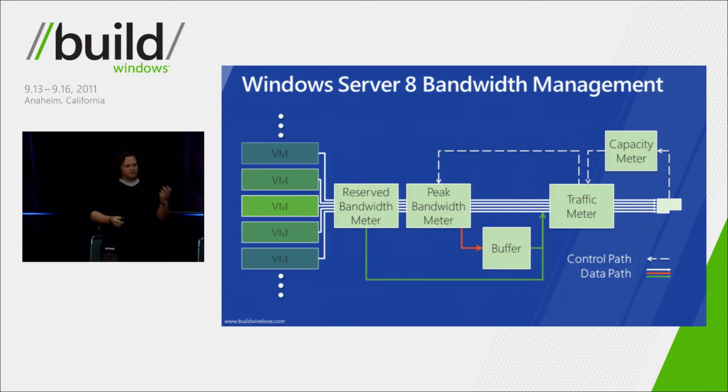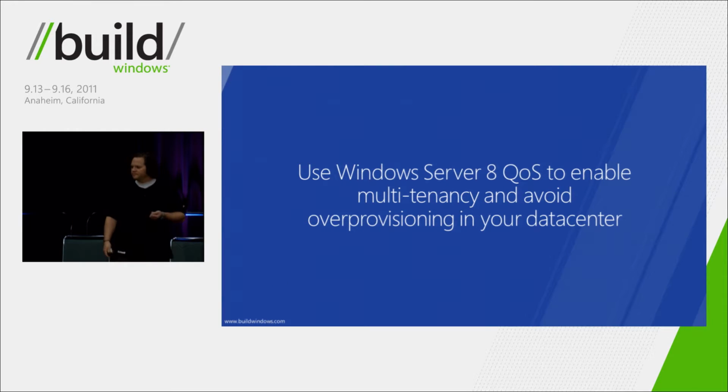They can be added and removed dynamically. We don't have to restart a network interface or anything like that to add a traffic class. And it turns out we can support dozens and dozens of VMs without using very much CPU to run this machine here. So by doing that, we've enabled you to have multi-tenancy on a Windows Server 8 machine without over-provisioning it, without paying too much for hardware.